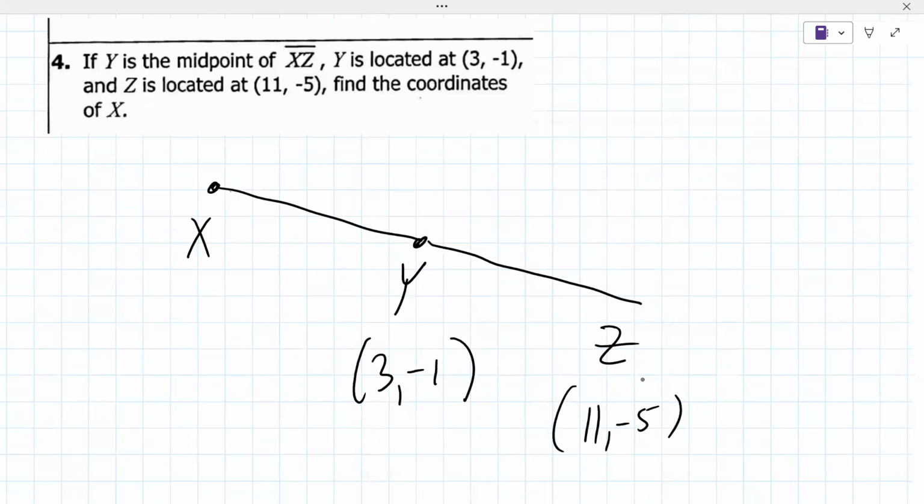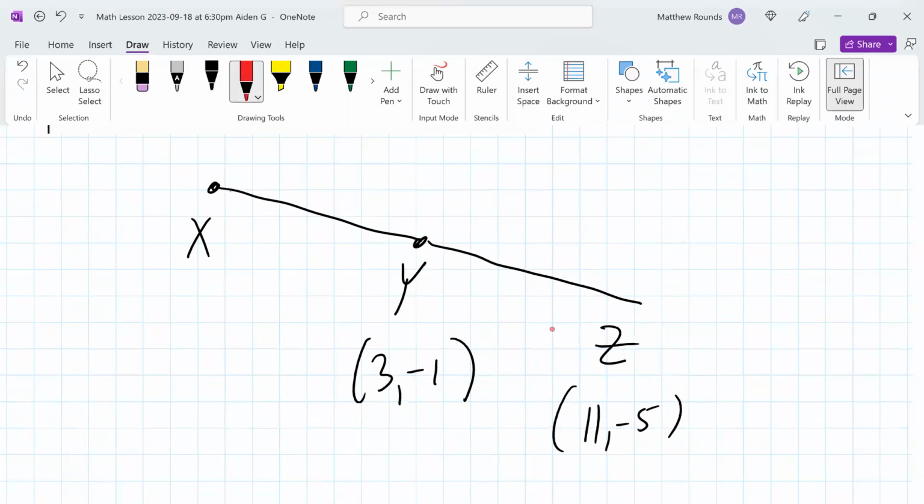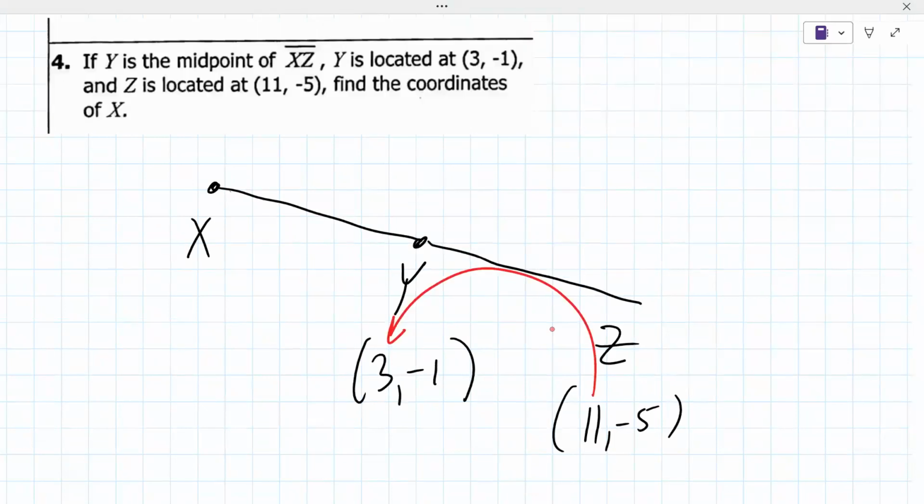And because the direction matters, we're going to go backwards. We're going from 11 to 3. So how do you go from 11 to 3? You subtract by 8.